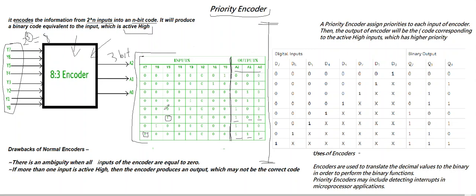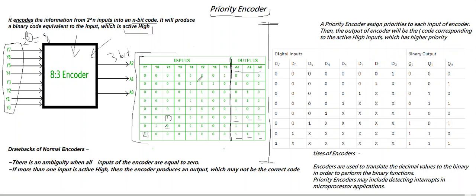Let's see. Suppose Y6 is high and Y5 is high. Then what will the output be? The output will be 111, but the output is also 111 when the input Y7 is active high. So there is an ambiguity.